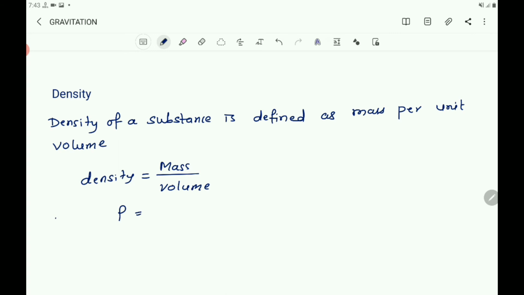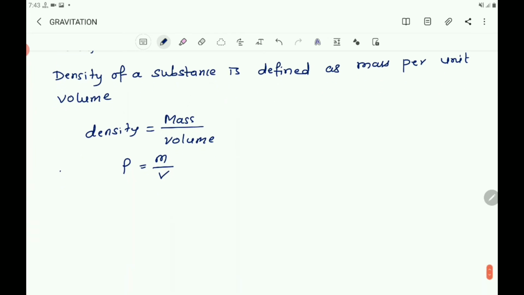That is rho equals m by v. And what is the SI unit of density? The SI unit of density is kg per meter cube, or you can write kg m power minus 3.